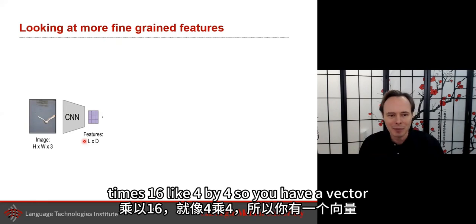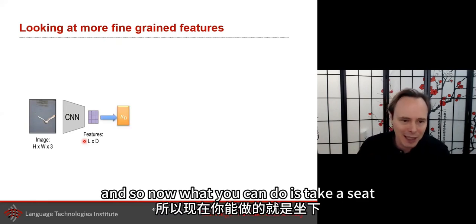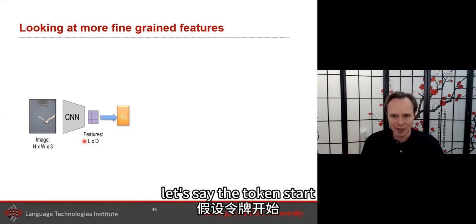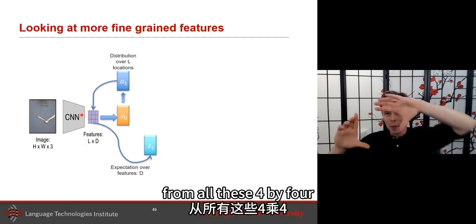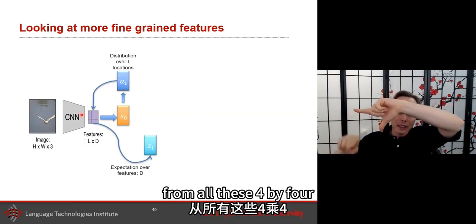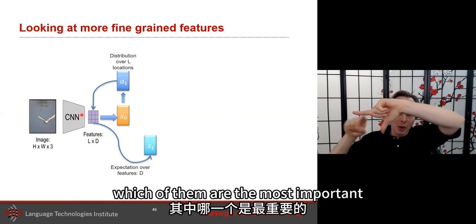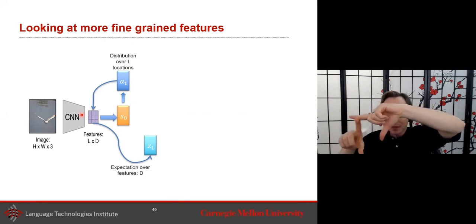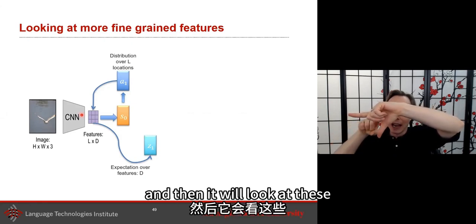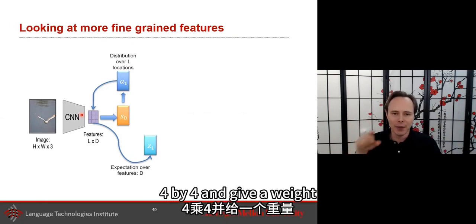And so now what you can do is take a seed, let's say the token start, and then learn some attention weight that will say, from all these 4 by 4, which of them are the most important given my initial seed. And then it will look at these 4 by 4 and give a weight.